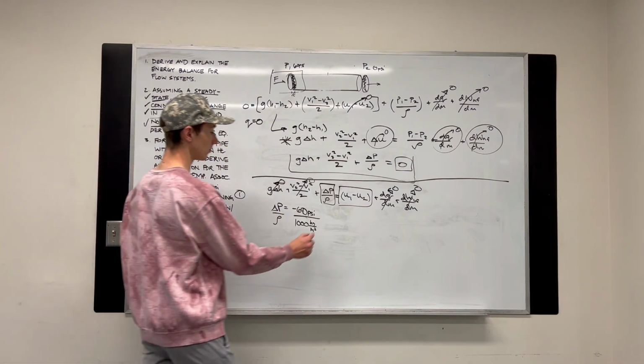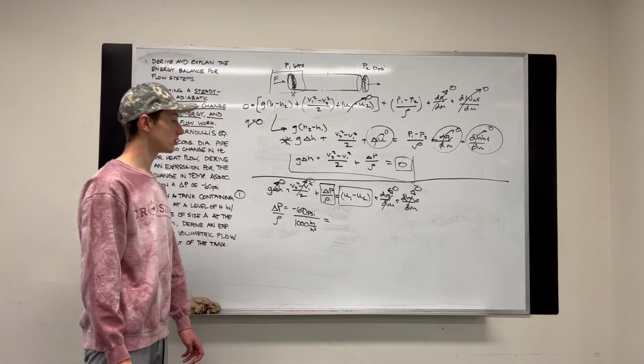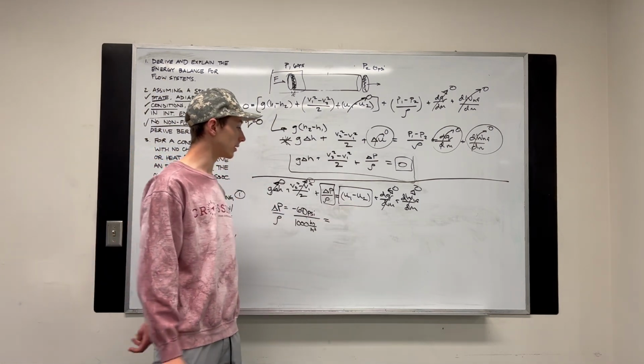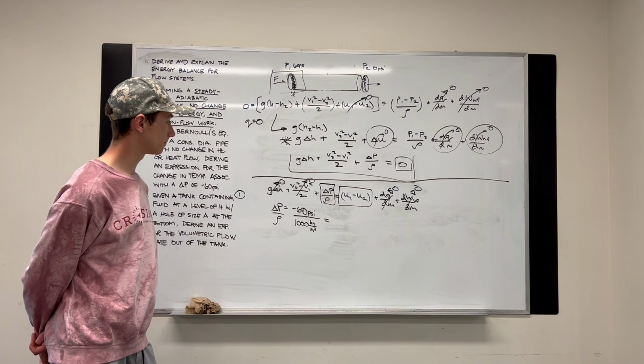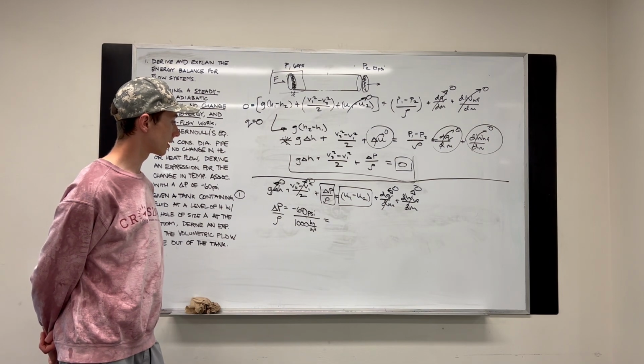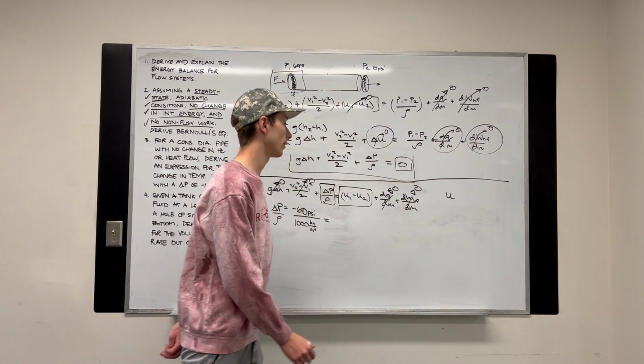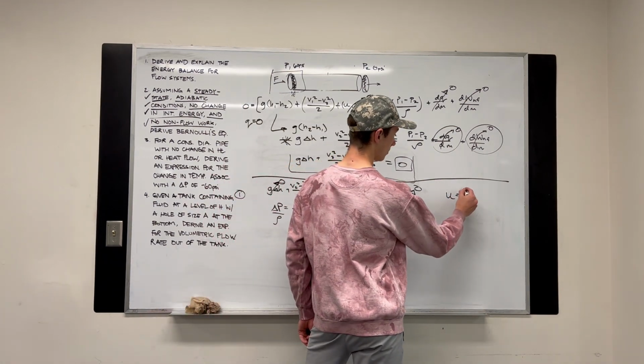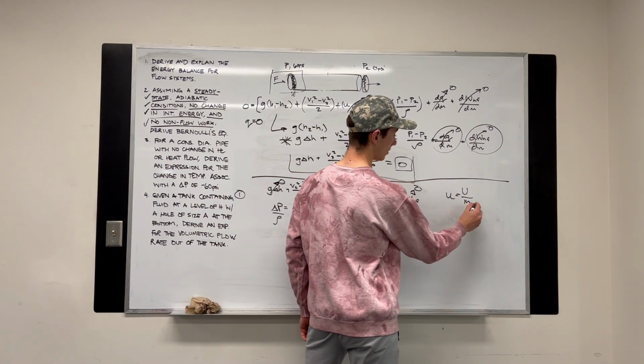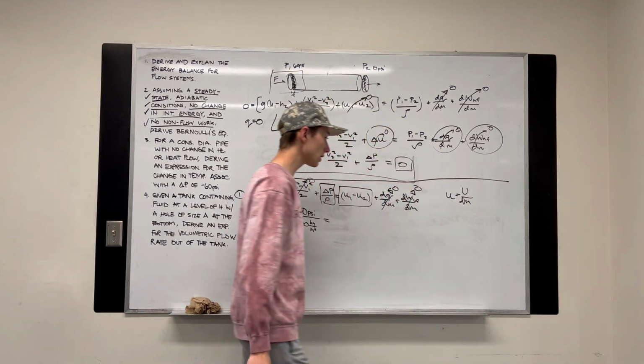And this is going to be equal to the change in internal energy there. So what did we say that little u was? So we have to remember back, little u there is basically like big U per unit mass, right?